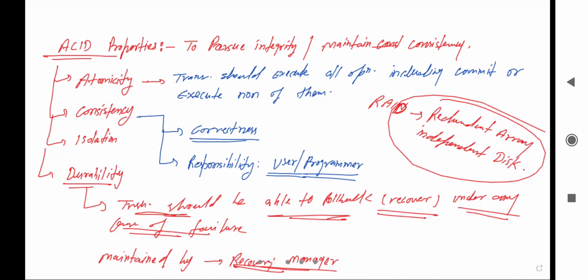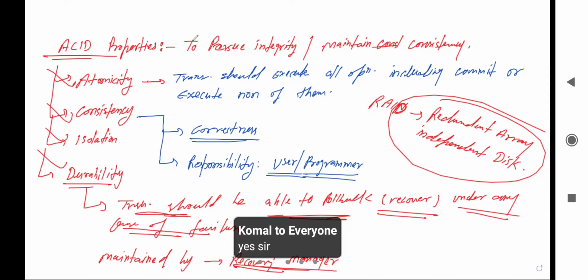Okay, so these 4 points are clear to all. Atomicity, consistency, isolation, and durability. Okay, fine.